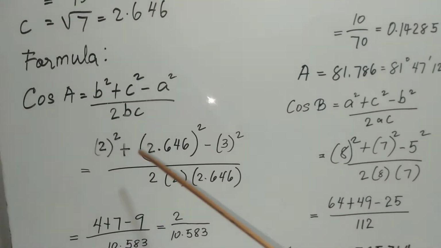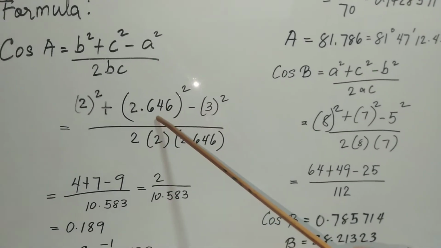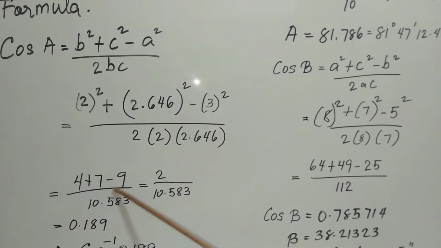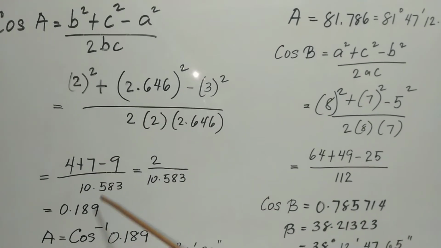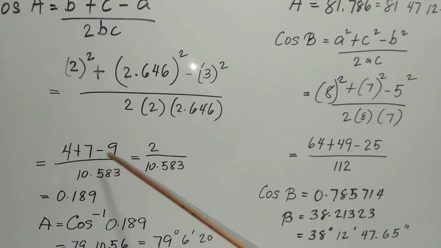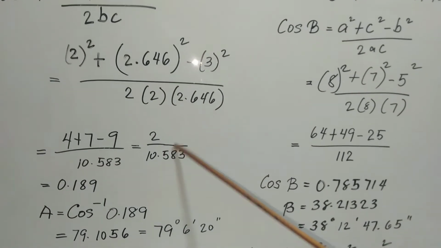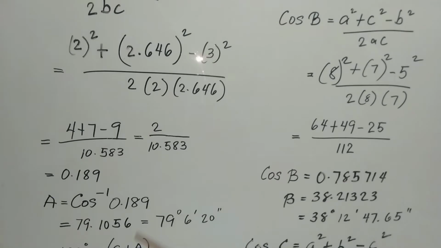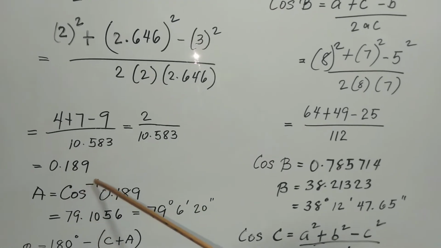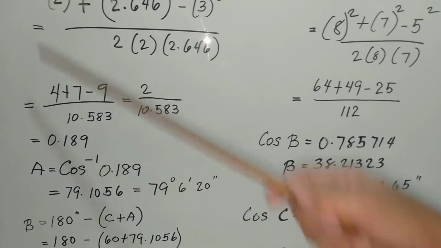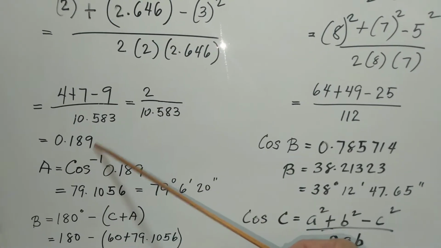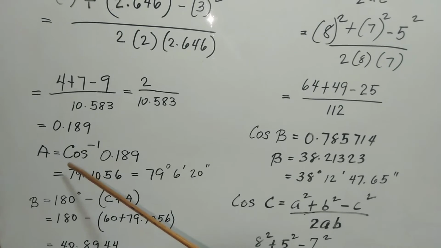So 2 squared is 4, this one is 7, and minus 9, over this one, which is equal to 10.583. So 11 minus 9 is 2, over 10.583, we get 0.189.